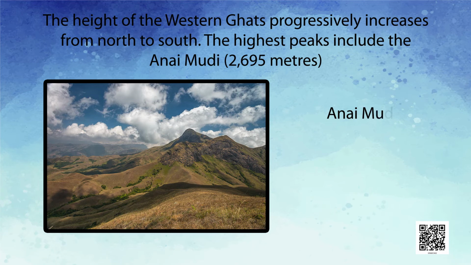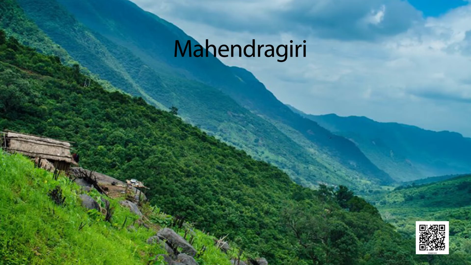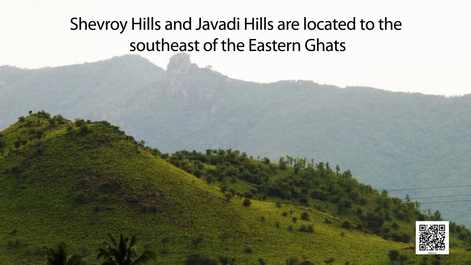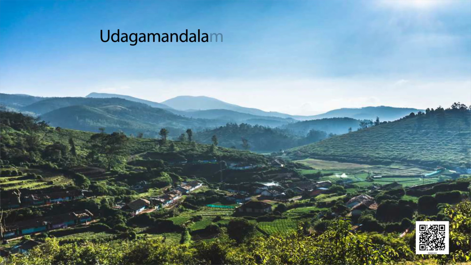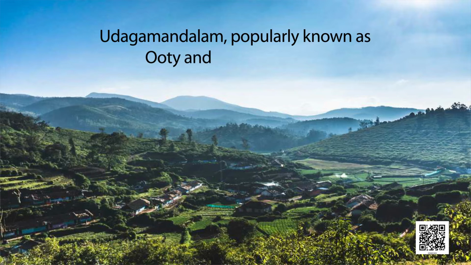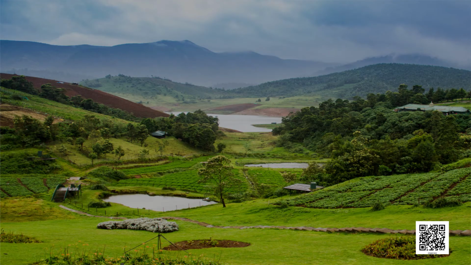Annaimudi is the highest peak in the Western Ghats, while Mahendragiri is the highest peak in the Eastern Ghats. Chevroy Hills and the Javadi Hills are located to the southeast of the Eastern Ghats, while the famous hill stations of Udhagamandalam, popularly known as Ooty, and the Kodaikanal lie in the Western Ghats.